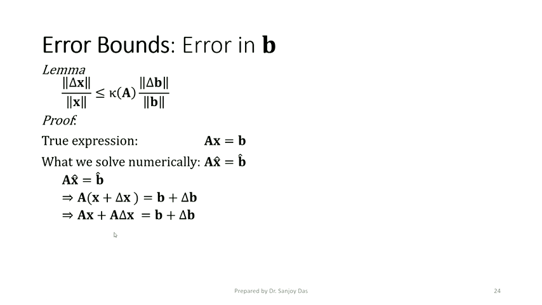I just opened up this parenthesis. Now, since we know that Ax equals B, this Ax and this B will cancel out. So we have A delta x equals delta B. Whence delta x equals A inverse delta B.